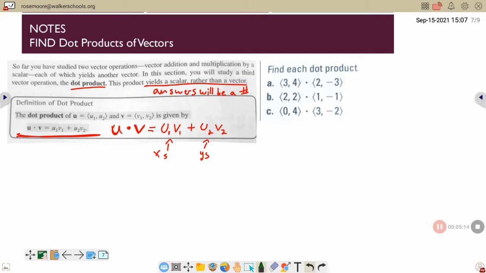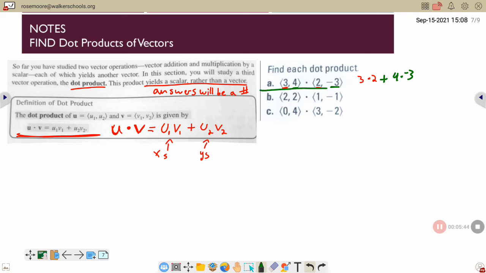Example A will look like this. Here's my x's. So I'm going to do 3 times 2, and then I'm going to add my y's, 4 times negative 3. So what is 3 times 2?